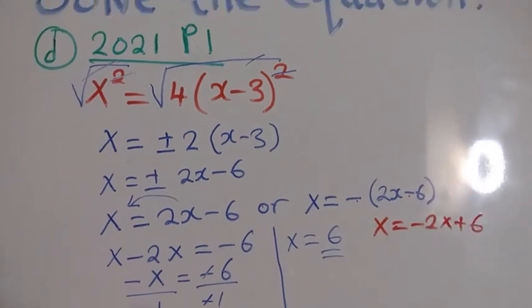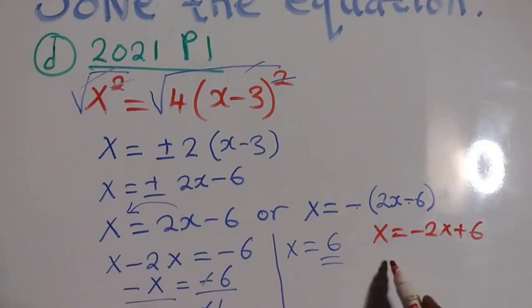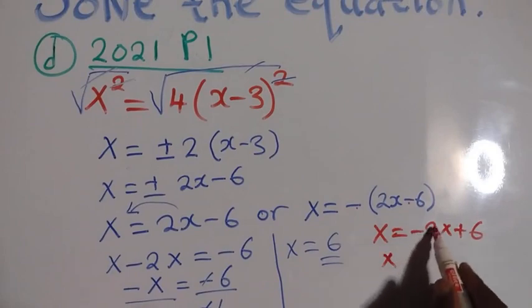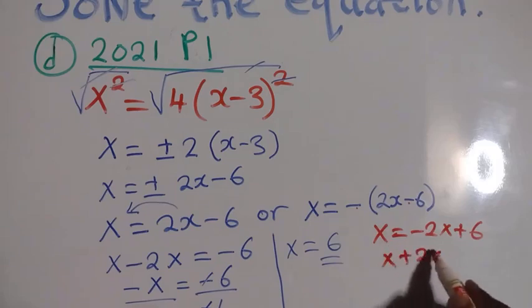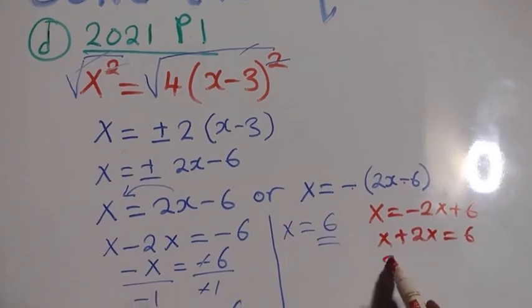Okay, so I hope you are following. So from here we say x, this will come here, we have 2x, positive 2x is equal to 6. X plus 2x, what are you going to get? You're going to get 3x equal to 6. So from here we can divide by 3, even this side by 3.